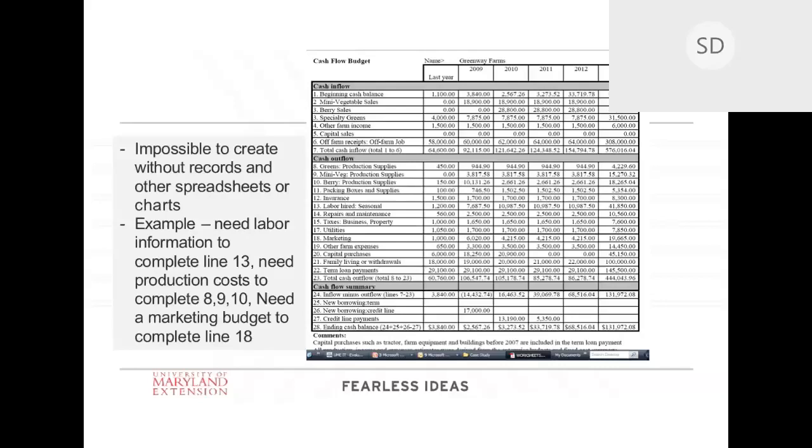I need new signage, or I'd like to run some ads or boost some Facebook pages. We also have family living and withdrawals here. Are they going to go down or go up? So the cash flow budget, especially since these are projections, has what you did last year and then what your projections are. This one to me is one of the biggest ones where you can really look at what the farm can afford.